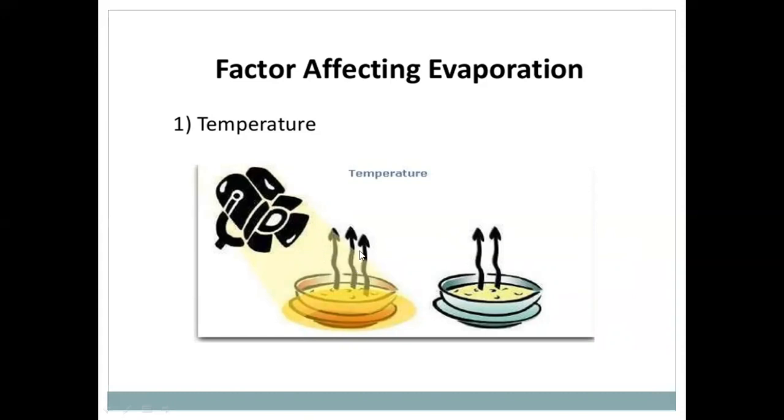Since we have here three arrows, the evaporation rate for this container is more than the evaporation rate for this container, since the temperature of the first container is more than the temperature of the second container. So the temperature and rate of evaporation are directly related to each other. More temperature, more rate of evaporation. Less temperature, less rate of evaporation.